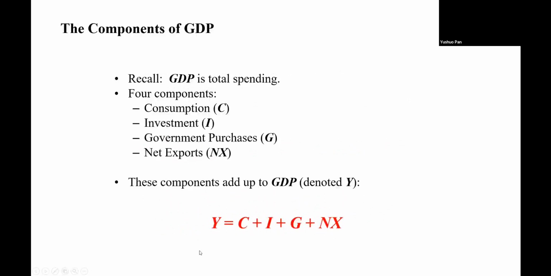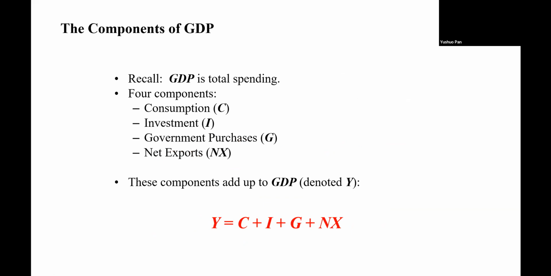The components of GDP, this part is really important, all right? Recall, GDP is the total spending or income since they are the same. You pay $1 and the other person has to receive that $1. So usually GDP is the total spending. There are 4 components. The first, consumption. The second, investment.